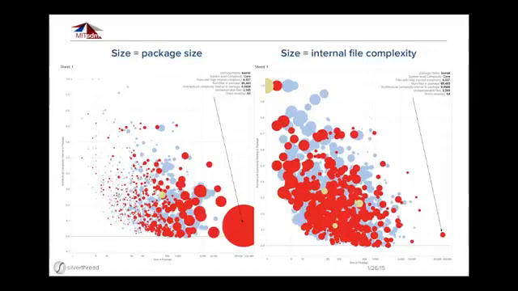We know that McCabe's cyclomatic complexity, for instance, has a very strong relationship with defects, and so if the kernel depends on something that has a high propensity for defects, then managerially we could say, not only does this thing have a high propensity for defects, but a lot of other things we care about depend on it, so we should focus on that. There might be other packages that have just as many defects or just as much complexity, but you don't care as much because they are not positioned within the network of products in such a way that they can harm as many others.